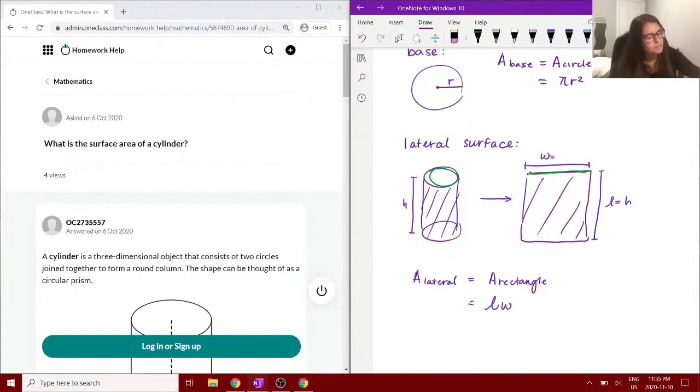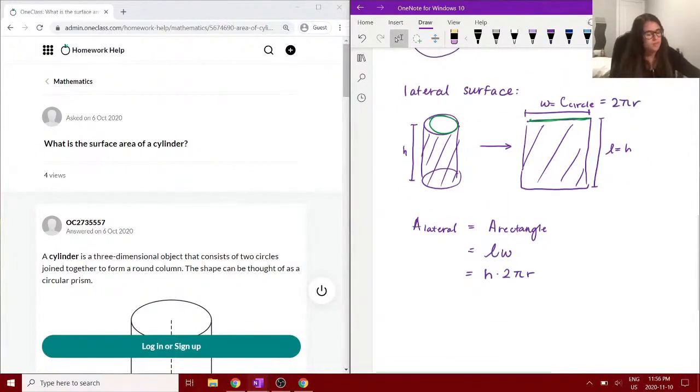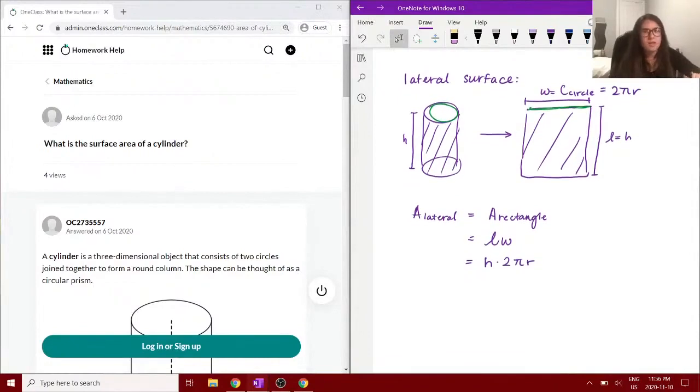The circumference of a circle, C, is equal to 2 pi r. So the length is h and the width is 2 pi r, and that gives us the area of the lateral surface.